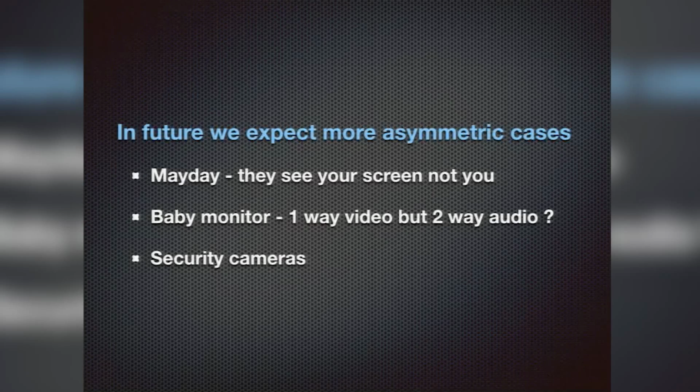So you can see them, but they can't see you, but they can see your screen and you can't see theirs. So the bandwidth isn't symmetrical in both directions, which is unusual, as most VoIP things are symmetrical. For example, the baby monitor may have video in one direction but not in the other, and security cameras, likewise, may not have any audio at all, or maybe in one direction. So it's worth thinking about whether your bandwidth needs to be symmetrical in these cases.